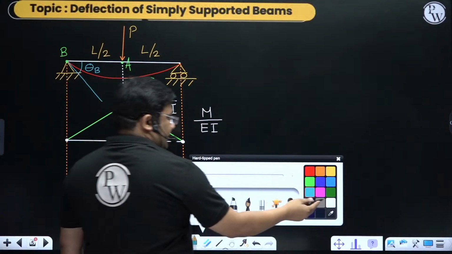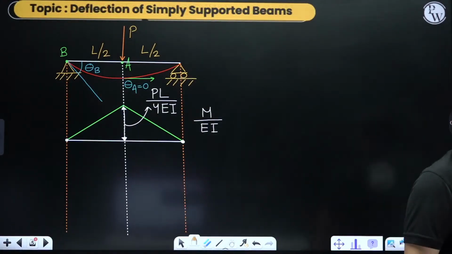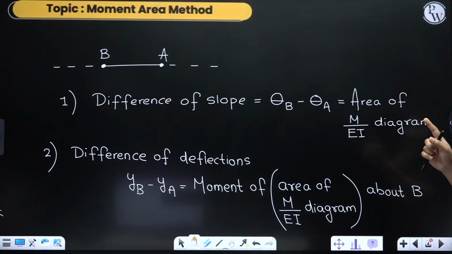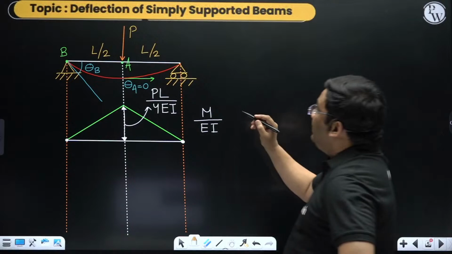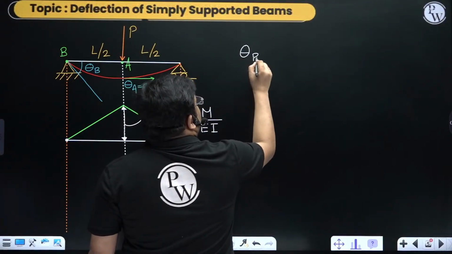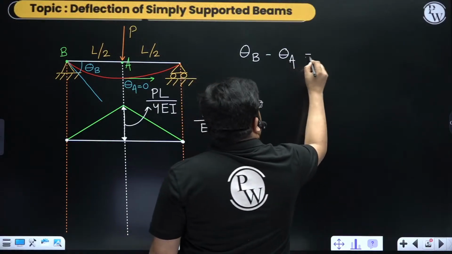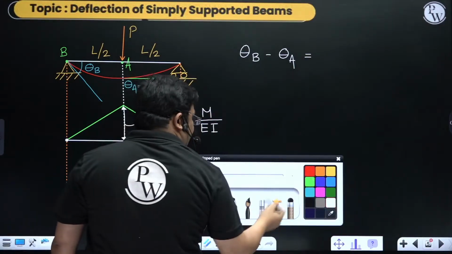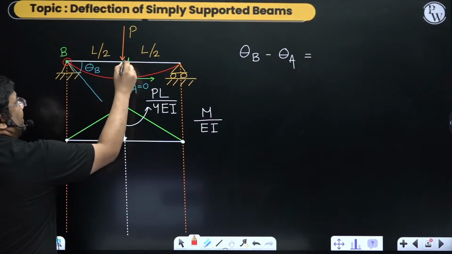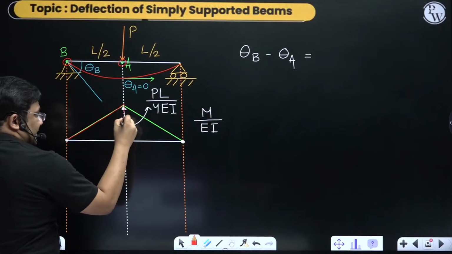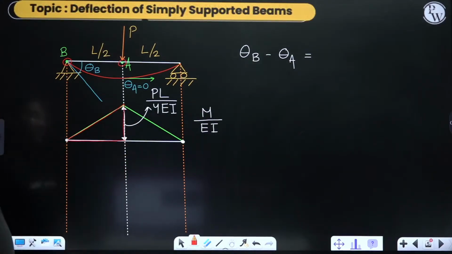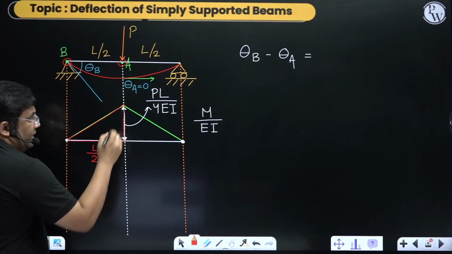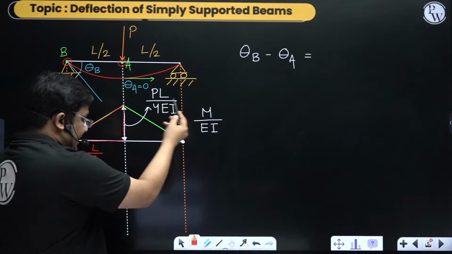Now using that equation we saw, the difference of slope is the area of the M by EI diagram between A and B. So theta B minus theta A is the area of the M by EI diagram between A and B. This is the area of the M by EI diagram, and this length is L by 2, and this height is PL by 4 EI.